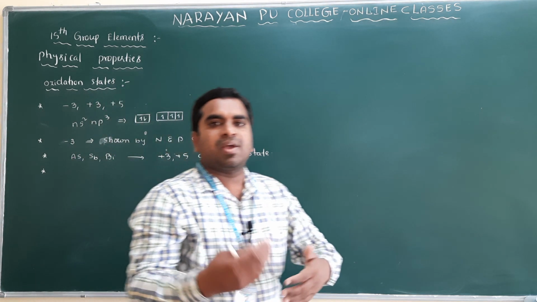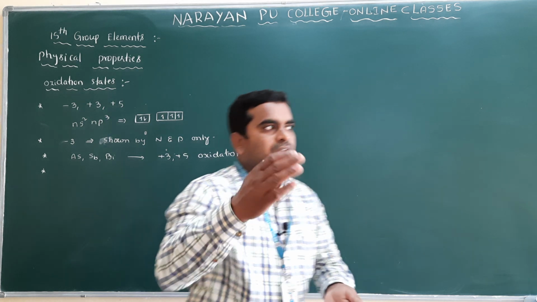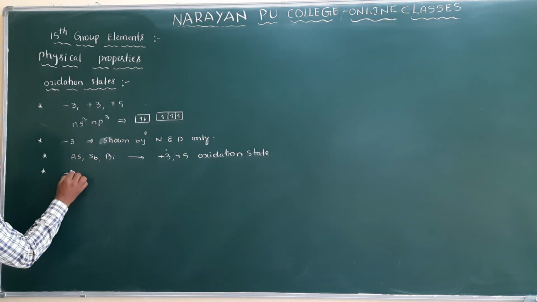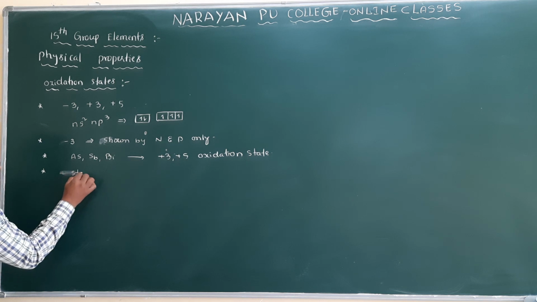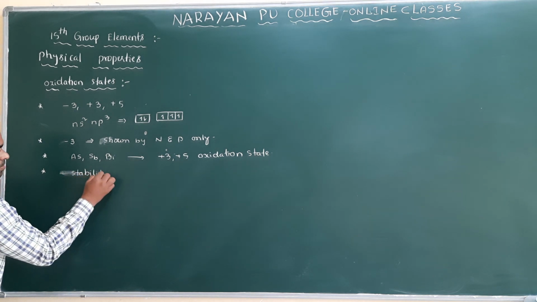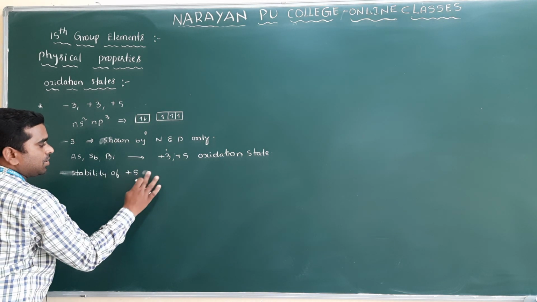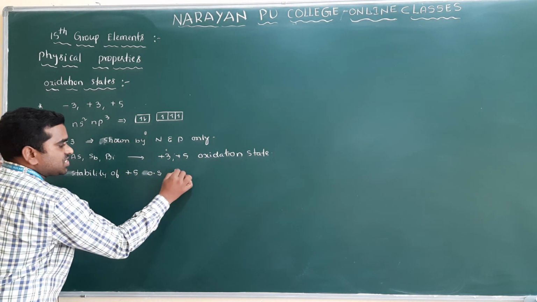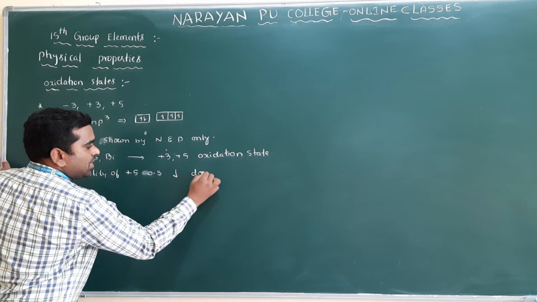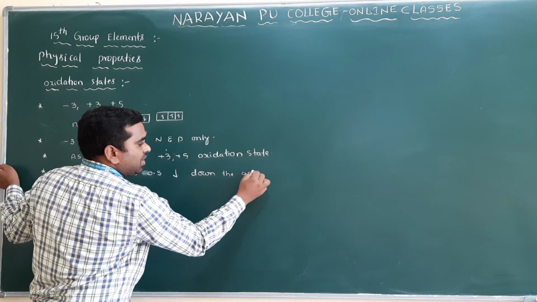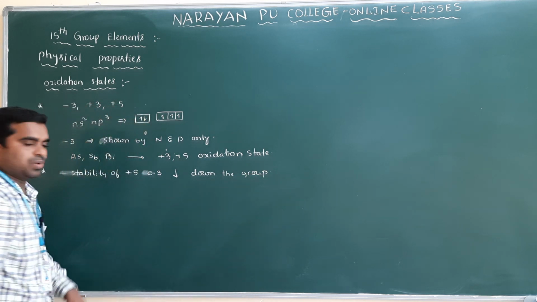First I will write the points, then we will discuss. The stability of the +5 oxidation state decreases down the group.